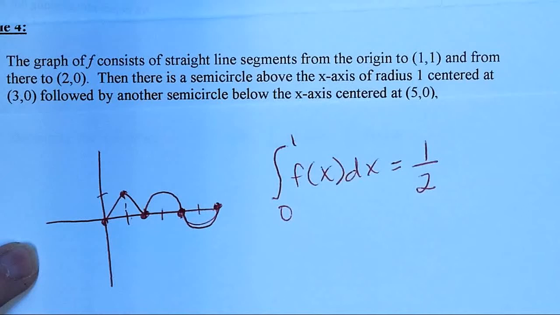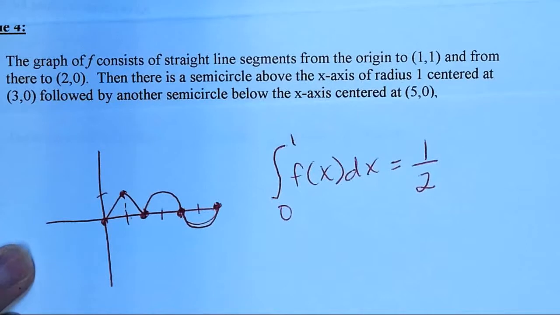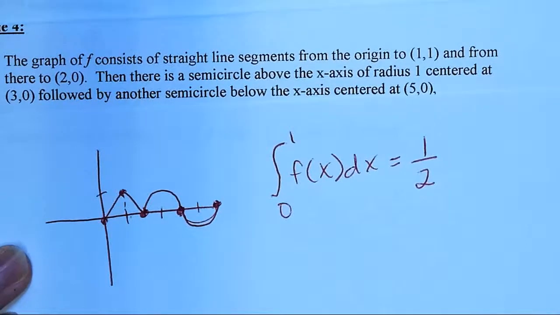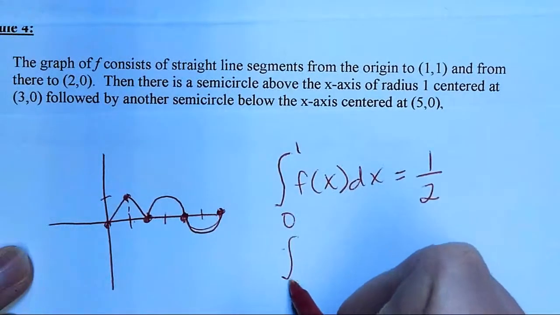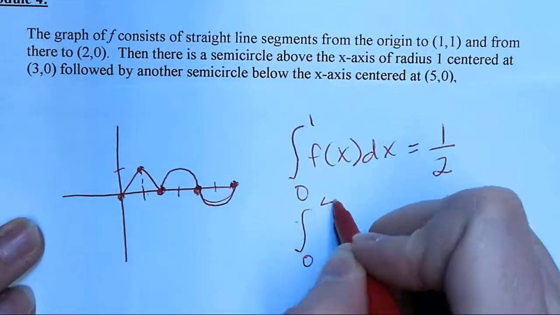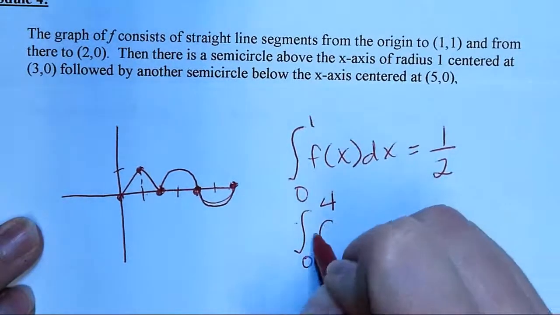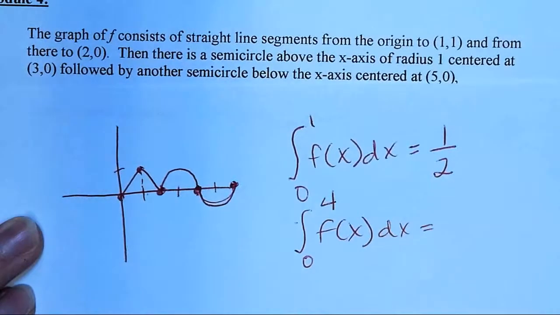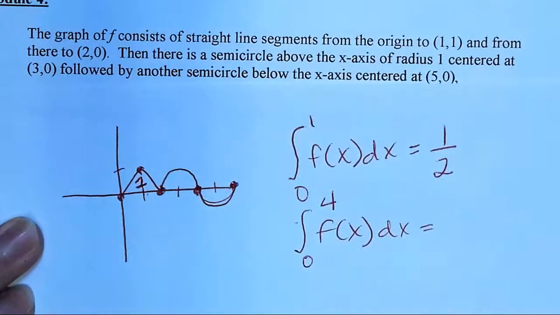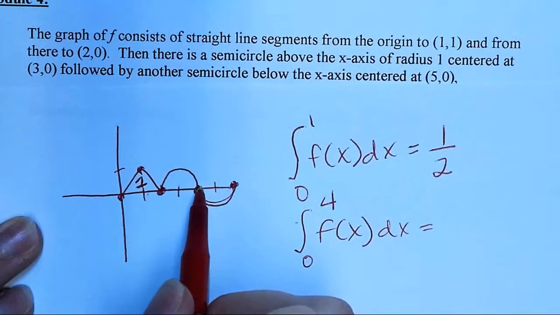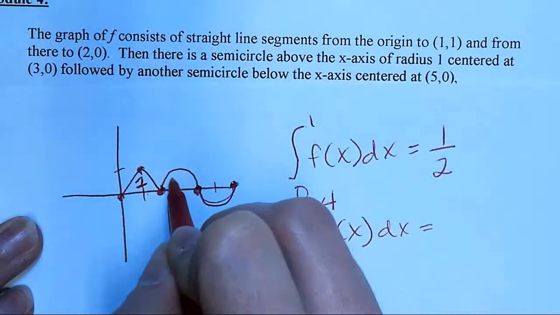From 0 to 1. Okay, now we're going to do the integral from 0 to 4. From 0 to 2, the area in here is 1. From 2 to 4, this is a semicircle, so it's going to be pi r squared over 2. But what is r? 1, so just pi over 2.